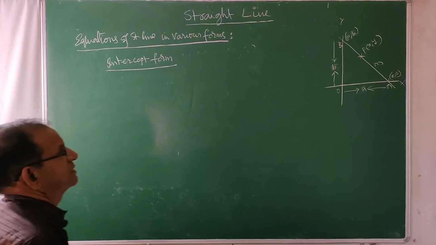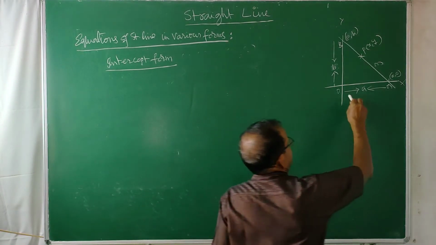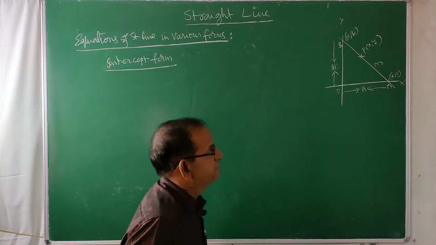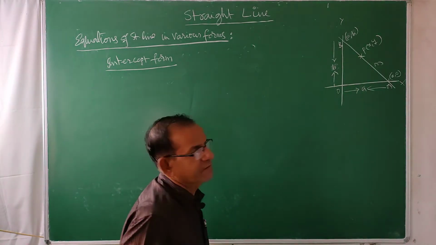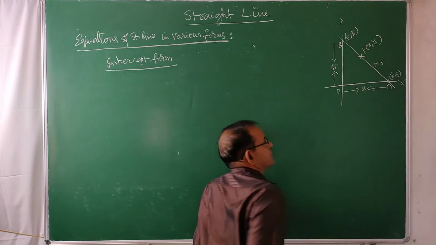Now let us take the third one, that is called the intercept form. If both the intercepts are given for that line, suppose x-intercept is a and y-intercept is b. If the straight line cuts the x-axis at A and the y-axis at B, A will become (a, 0) and B will become (0, b).